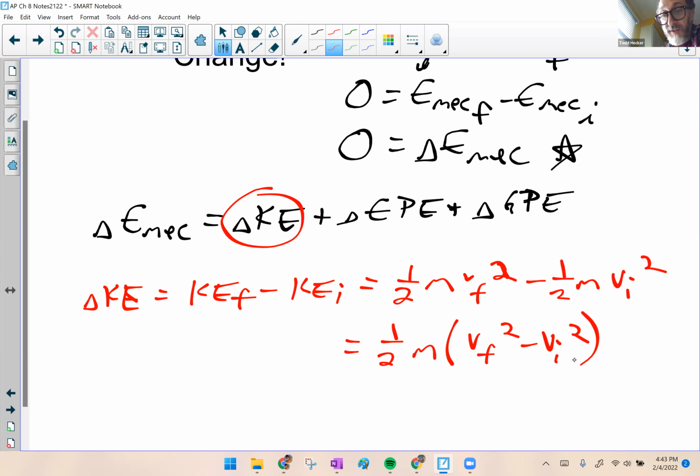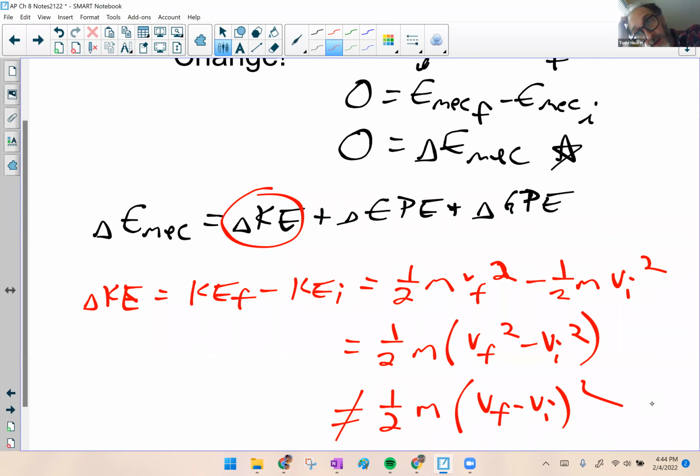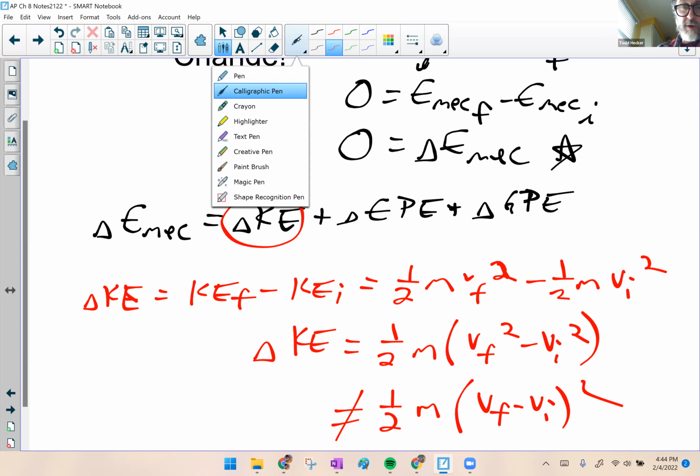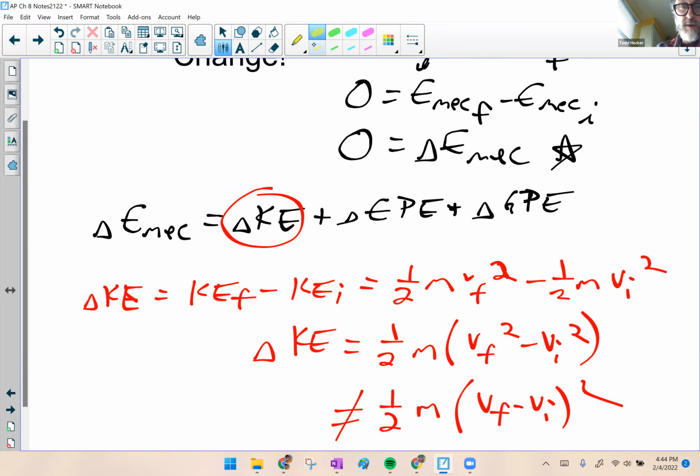Notice, this is not the same as this. You can't find your change in velocity and square it. You have to square your final velocity, square your initial velocity, and find the difference between those. Please, please, please watch out for that. So here's my equation for change in kinetic energy. That is important, so I'm going to highlight it using yellow.